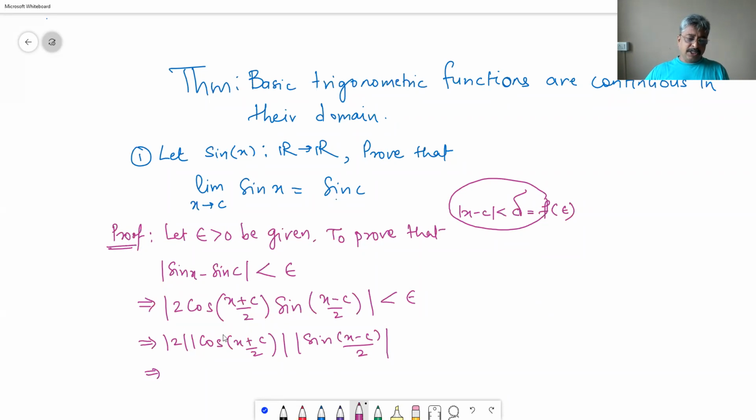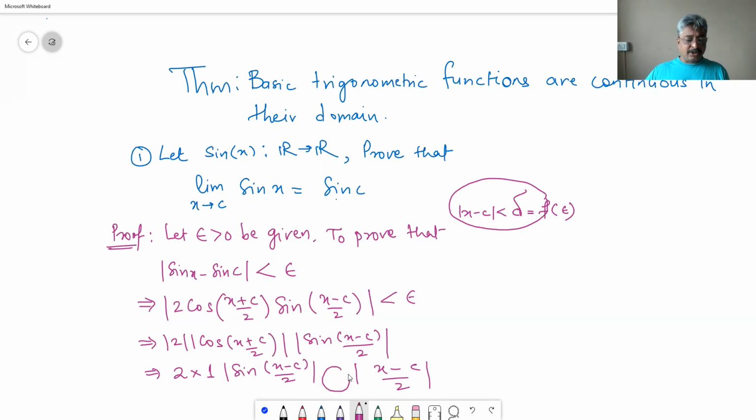So 2 is fine. This fellow is a multiplier function of x and it is cos, which is good. Therefore, the maximum value of this function you can consider as plus 1. It is always going to be less than or equal to 1, and hence you end up with |sin((x minus c)/2)|. Now you want some relationship of sin((x minus c)/2) with |x minus c|/2, because you need to get rid of the sine.